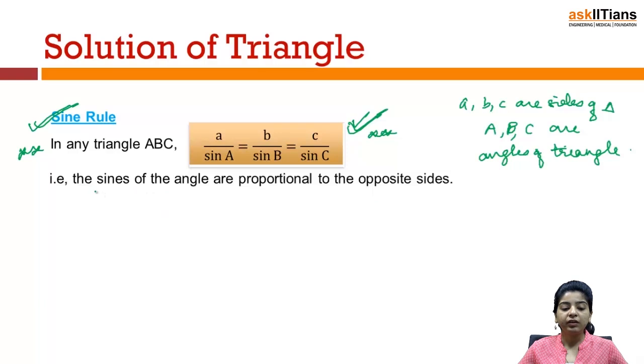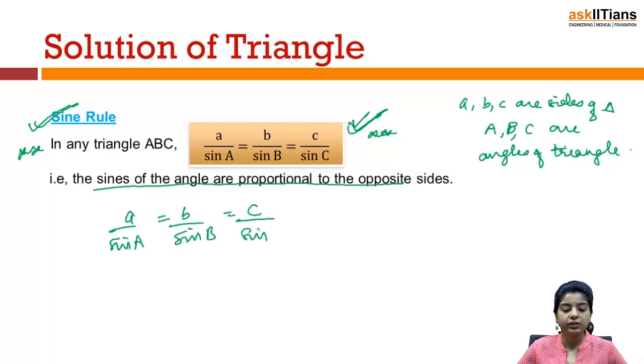It basically means that the sines of the angles are proportional to the opposite sides. You can just remember it like this: a by sin A is b by sin B is c by sin C.